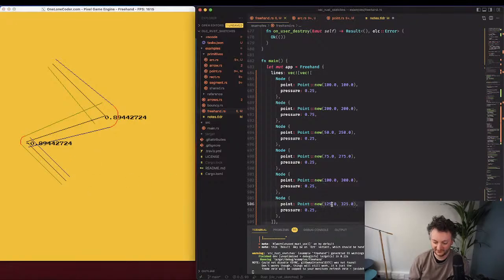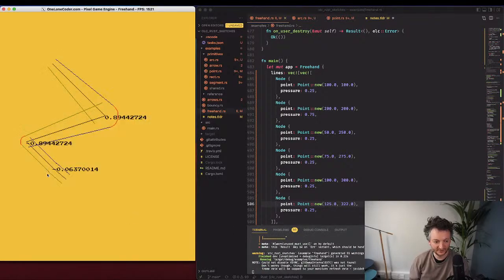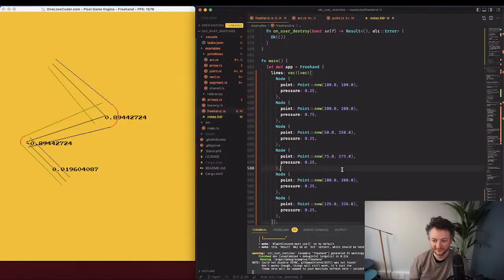But let's say I do just a little bit off, like 2 points off. That's what I would expect, right? There's just a little line there to fill in the gap. This one also makes sense. If it's a little bit more, yeah, you see a little gap here.